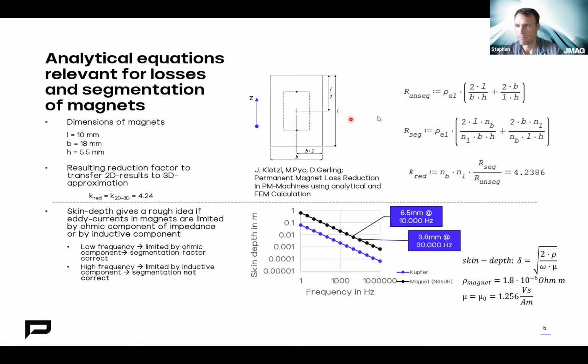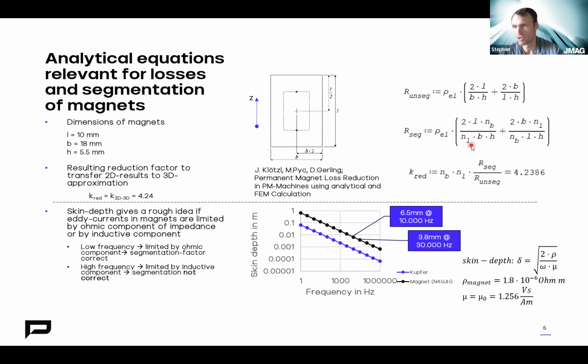Let's say, to make this direction in Z very long, we multiply this real existing length of 10 millimeters with 1,000. So we get, let's say, 10,000 millimeters. And afterwards, for the segmented model, we divide this 10,000 millimeters long magnet into 1,000 segments.